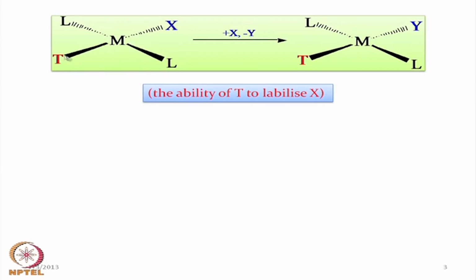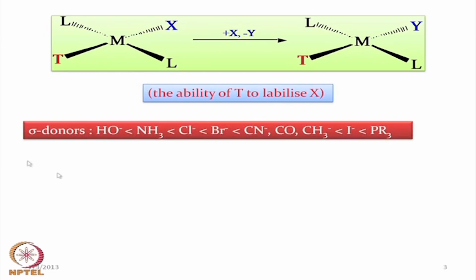So, if this is Cl and after substitution the group which is attaching is NH3, then Cl and NH3 are not trans to each other, they might be cis to each other, and as a result we can have the cis molecule for the preparation of cisplatin.